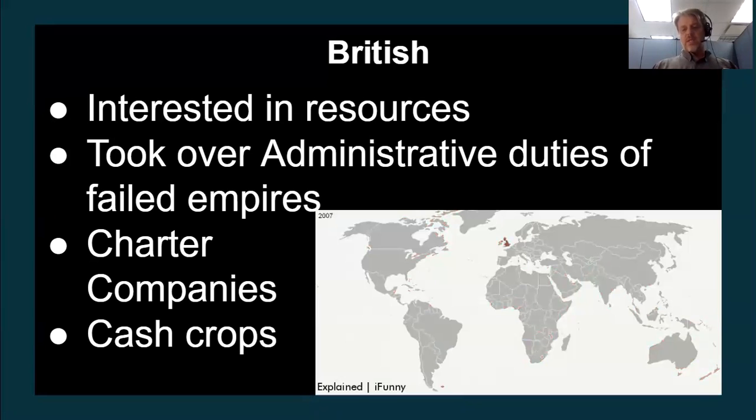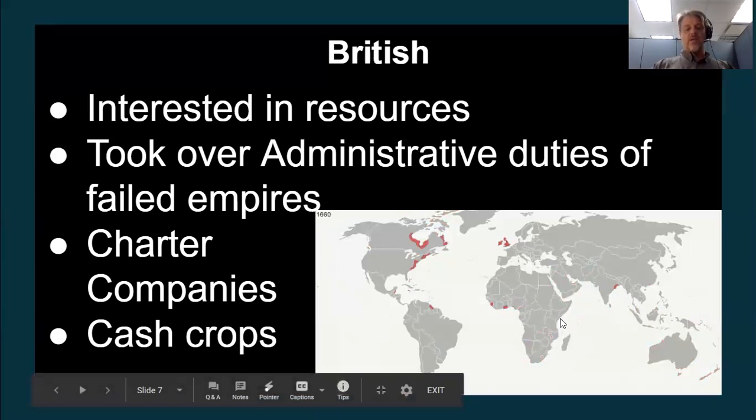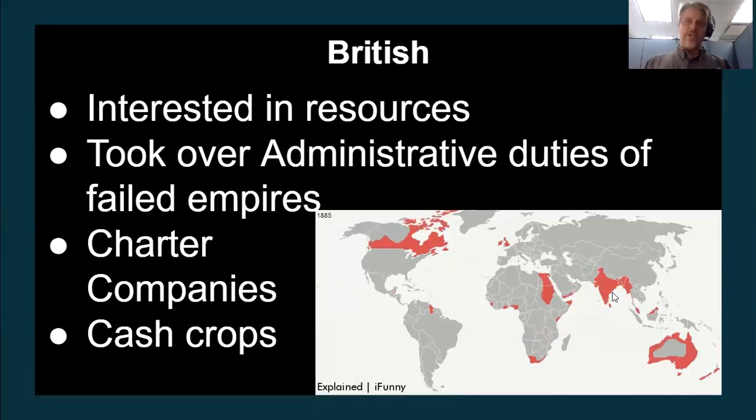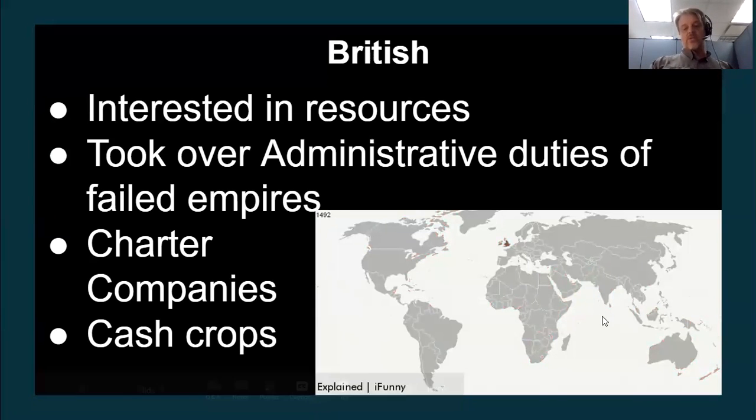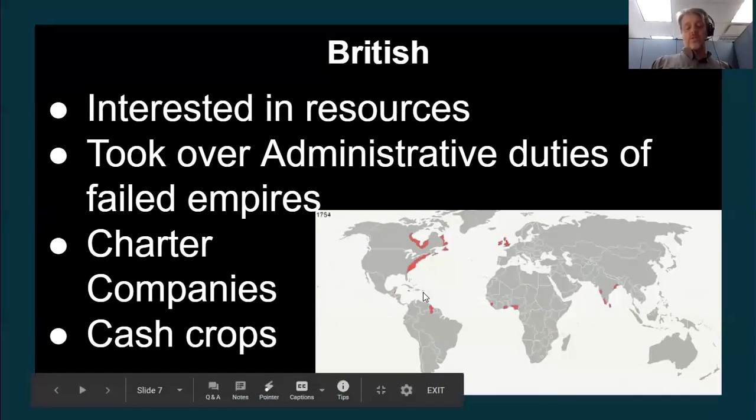So the Portuguese, they had their trading over here in India, and then the Dutch East India Company took over for them. The Portuguese went through a reign of succession issues where Spain ended up taking control of Portugal for a while. But Spain wasn't too interested in this because they had their own trade routes that were faster and far richer.